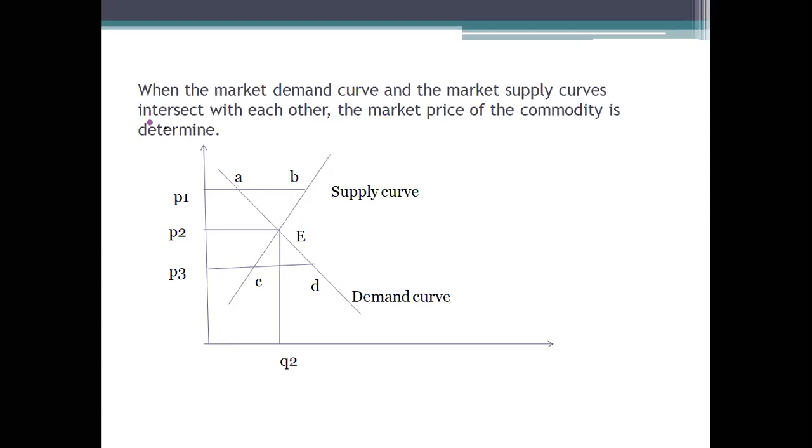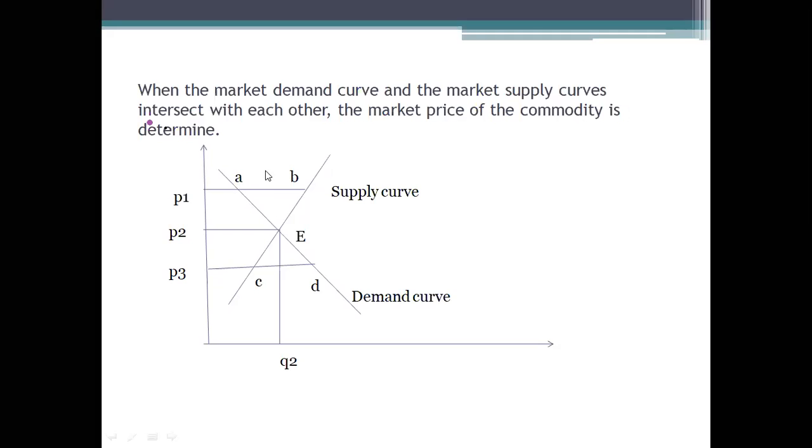No, ma'am. So, which one is higher, demand or supply? Supply. Supply is more than demand at this point. So, which is the portion of excess supply? That means more supply. So AB is the amount of excess supply in the market, which is not sold by the producers or suppliers in the market.